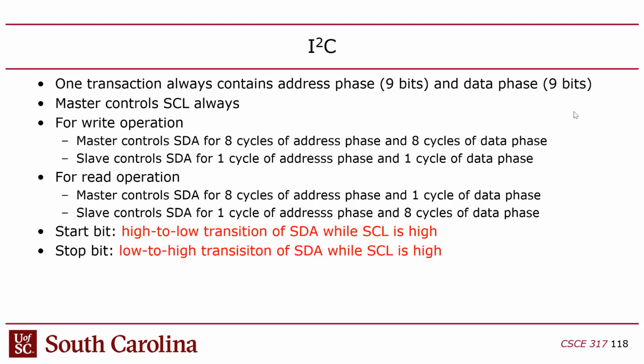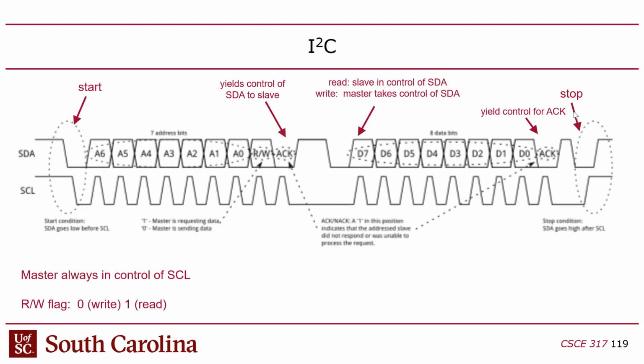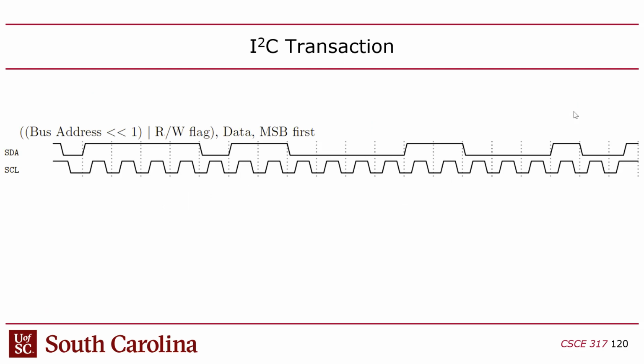So how do the start and stop work? Well, one thing I want to mention here is that I2C has a clock. The clock is always driven by the master, as it is with SPI, although it's multi-master, so any device on there could take mastership of the bus and then drive the clock. However, the clock is not edge active like it was in SPI.